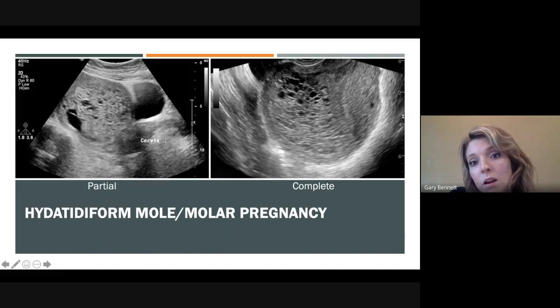You can see right here, this is a complete molar pregnancy. We don't have that anechoic gestational sac anywhere in here. Just a lot of cystic stuff growing in the uterus here. Honestly, it almost looks like an ovary with all the follicles, but it's not.